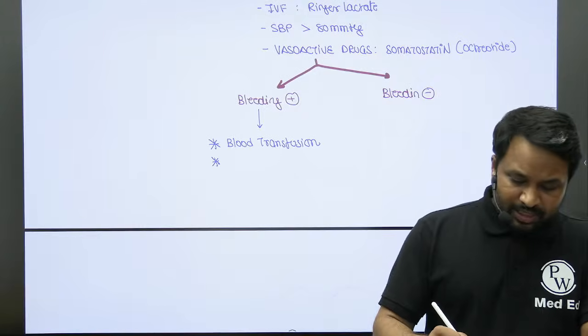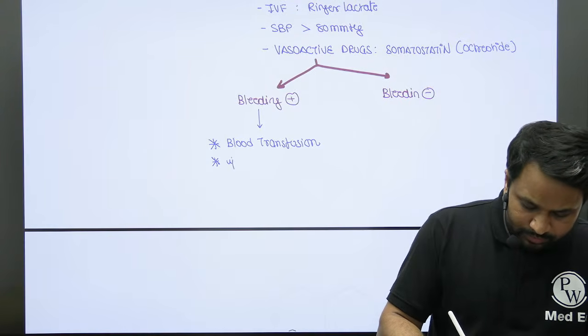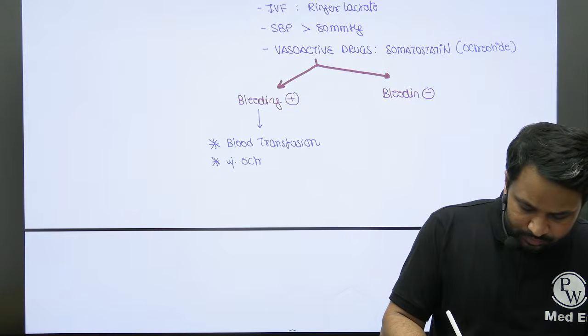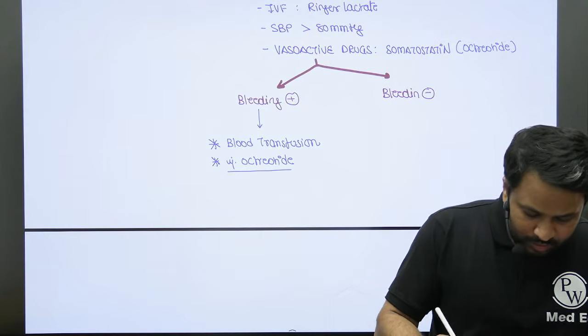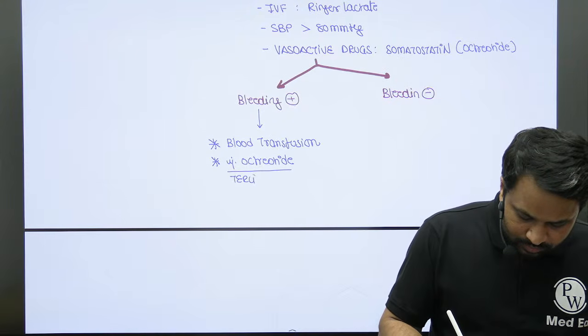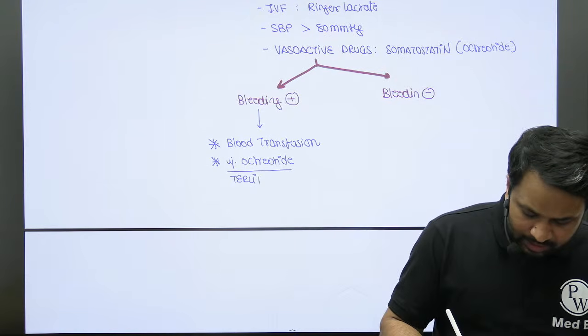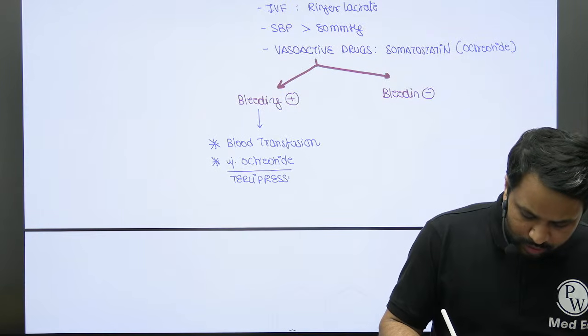If the bleeding continues to happen, you can repeat the injections of octreotide. You can also give drugs like terlipressin in order to control the bleeding.